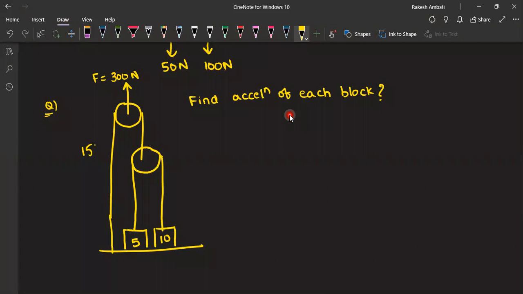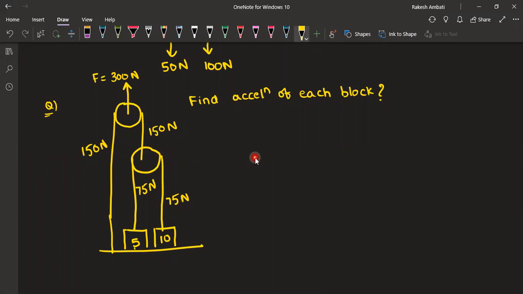So in this string the tension force is 75 newtons, and in this string the tension force is 75 newtons.